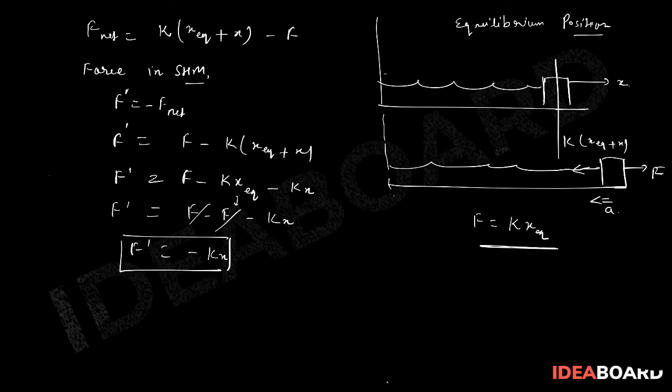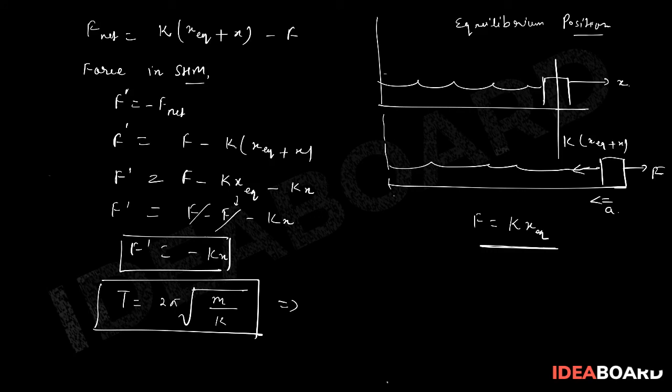So interestingly, this time F dash is equal to minus Kx, then the time period can be written as T equal to 2 pi under root of m by k. So the time period is again the same, but the mean position is shifted. Instead of 0, the mean position is x equilibrium equal to F by K, right? So shifted mean position but the same time period.